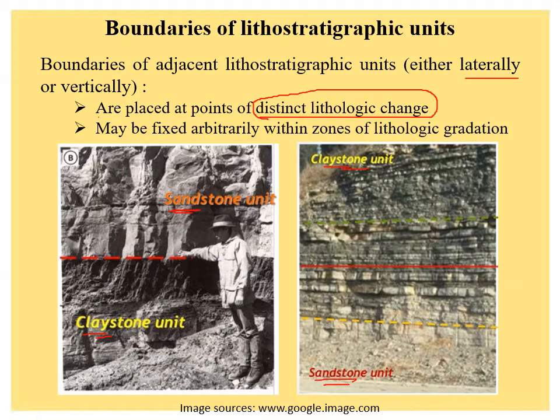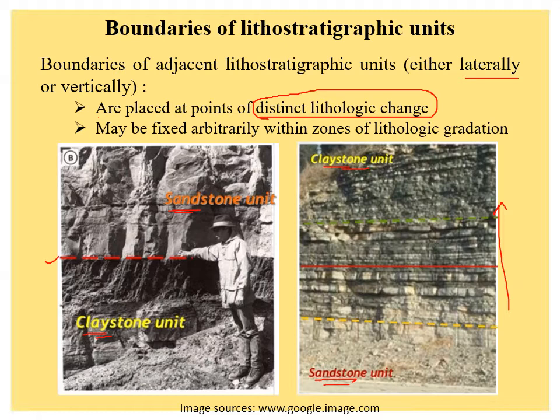That means gradually a sand dominated unit changes vertically upward to a clay dominated unit. So you can see that there is no distinct boundary like the left one where you can draw the boundary. The changeover from sand dominated unit to clay dominated unit is gradual.